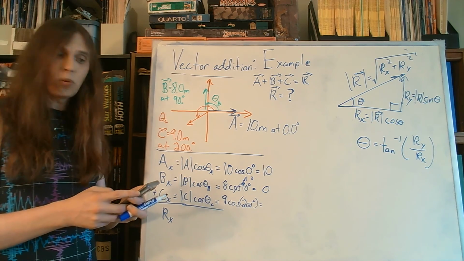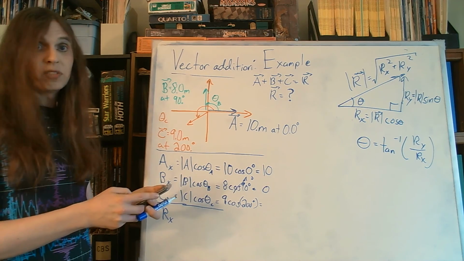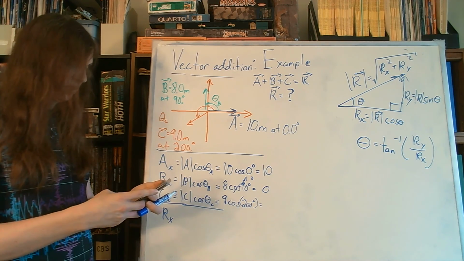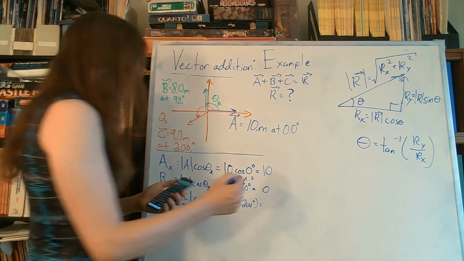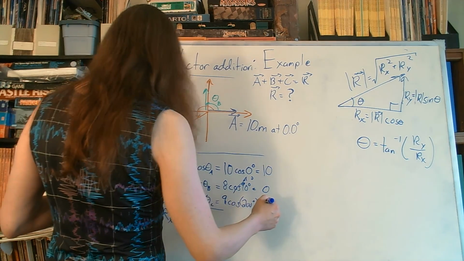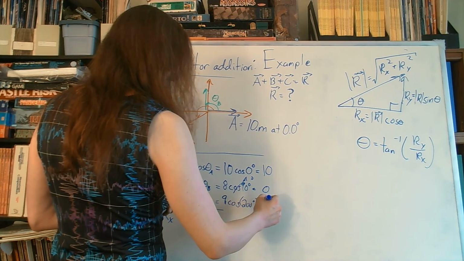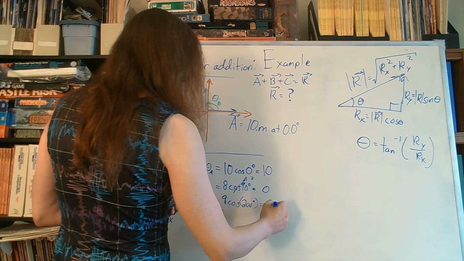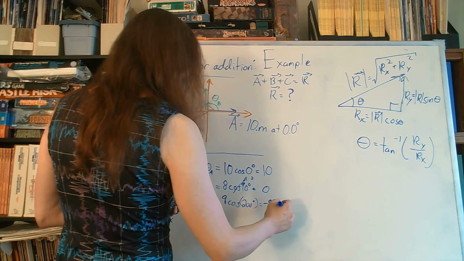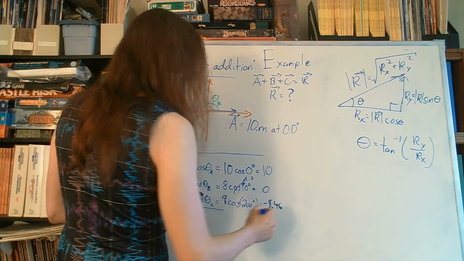It's about negative 0.94. So that yields, I'm going to go ahead and give this one 3 significant digits just because, negative 8.46.